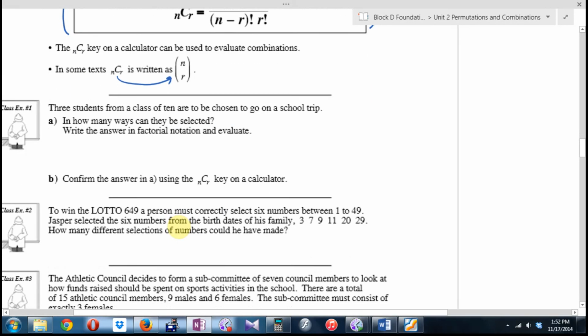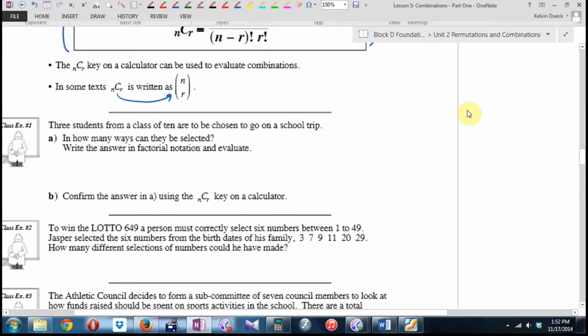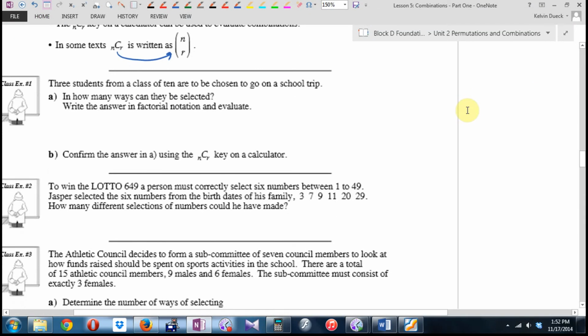So, 3 students from a class of 10 are chosen to go on a field trip. How many ways can they be selected? So there's 2 ways I can think about this. I can think about this as a word, which is 3 students get a yes. How many students get a no?